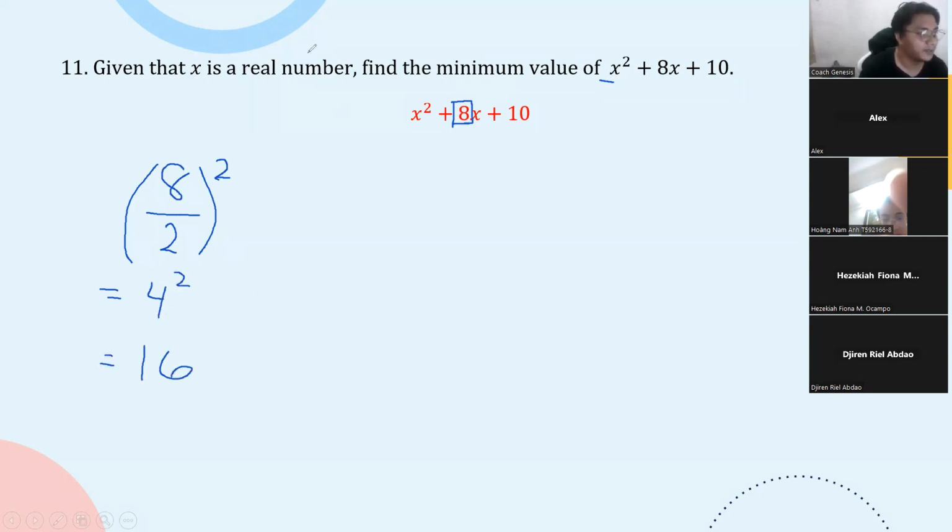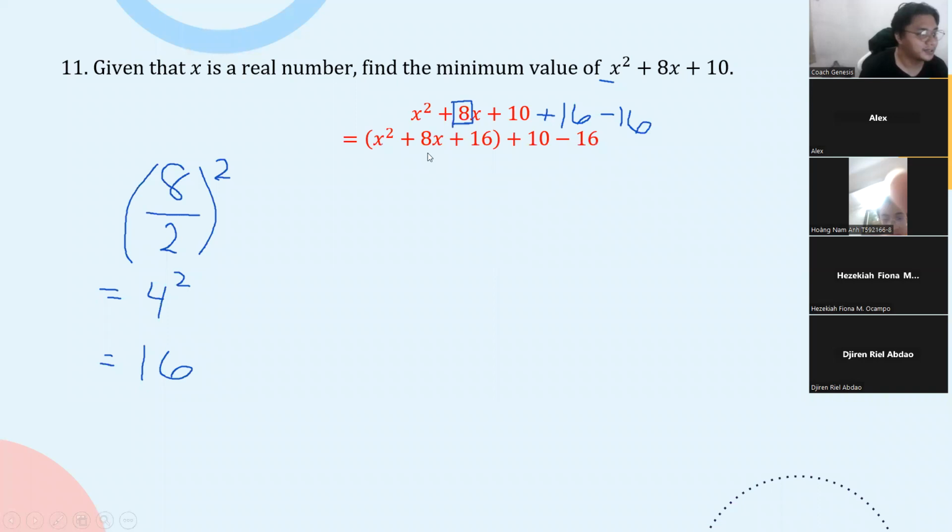So that means in order for us to have a perfect square, we must add 16 to the expression. However, if you add 16, we must also subtract 16. That way, we preserve the original value of the expression.